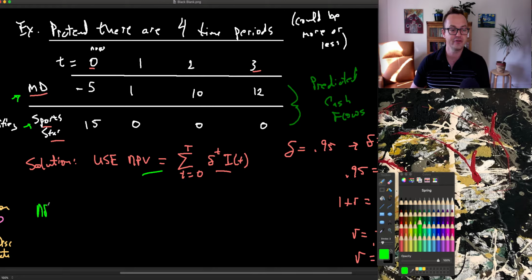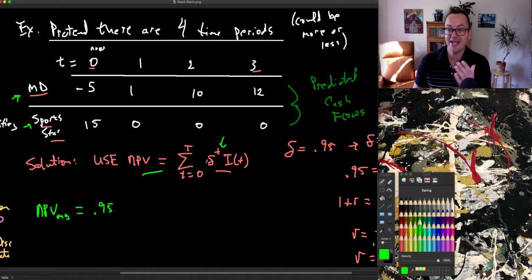So I want to find the NPV for being an MD first, okay? And that's going to be equal to my discount factor, 0.95. And here's a key point that I didn't mention before. Note this exponentiation of time.